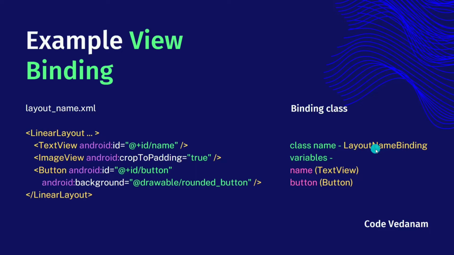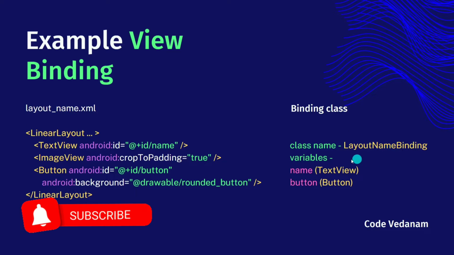We also have a Binding attached to the end of the class name. So for this layout_name.xml layout file, we will have a binding class with the name LayoutNameBinding. So this is the class name.